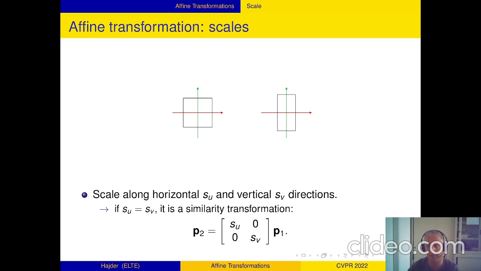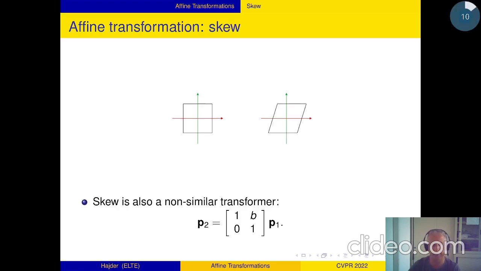They can be negative, of course, and if one of the scaling parameters is negative, there is a mirroring in the transformation. And if SU and SV, the horizontal and vertical scales, are equal to each other, in that case it's a similarity transformation. Otherwise, it's a general affine transformation.